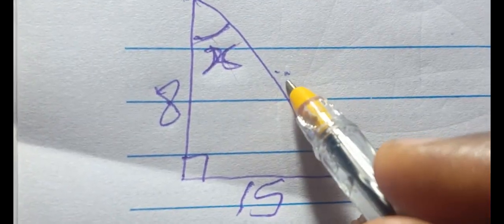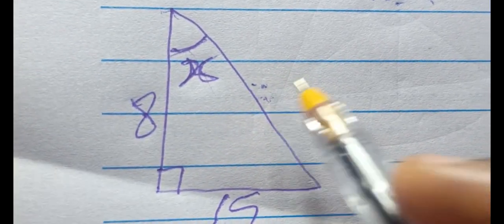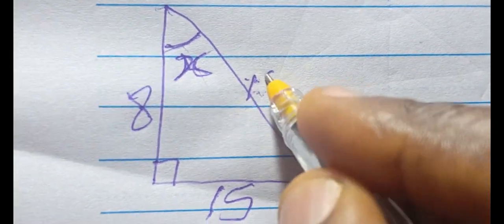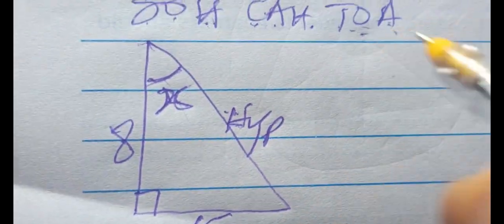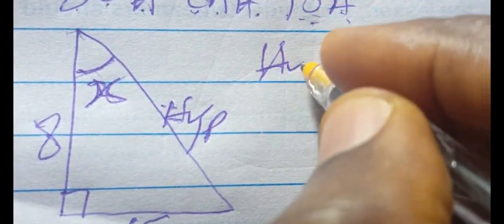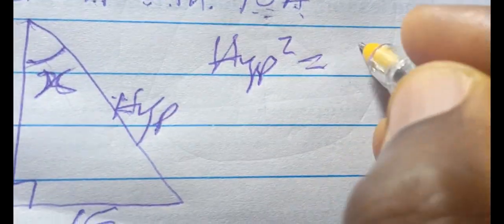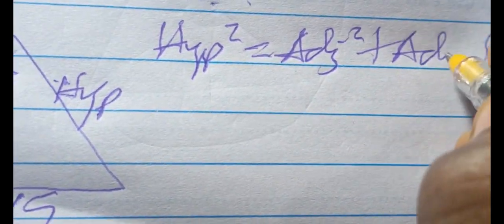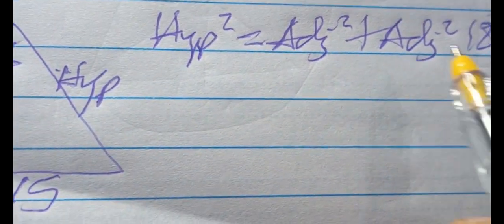Before we can do anything, we need to find the hypotenuse, so we use Pythagoras theorem. It says hypotenuse squared is equal to the adjacent squared plus the other side squared. In this case, one is adjacent and one is opposite.